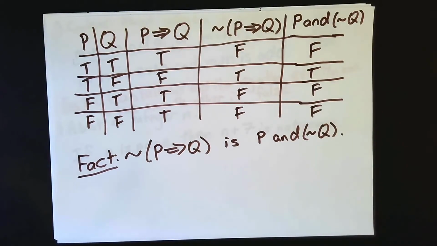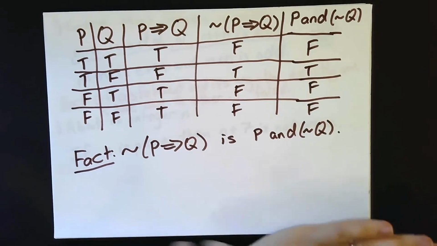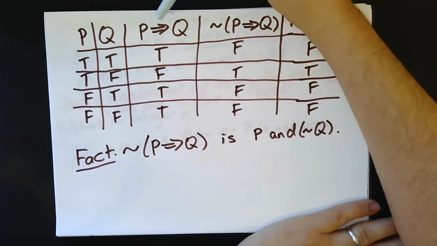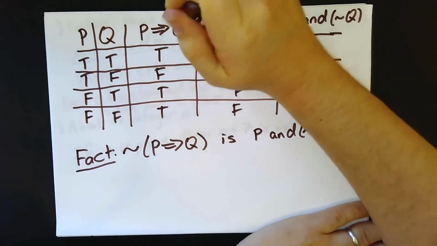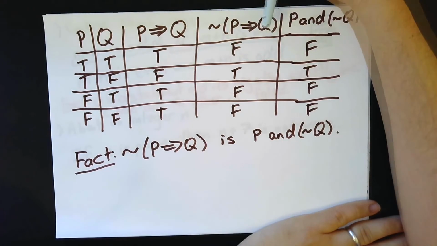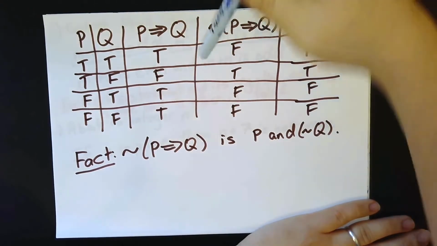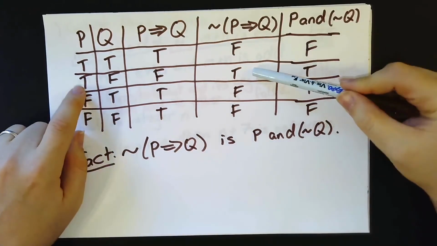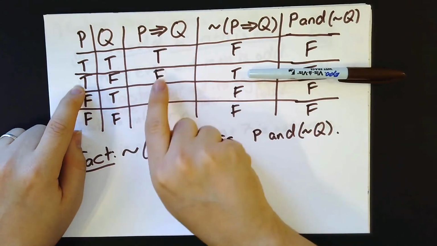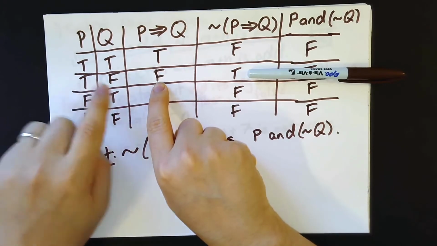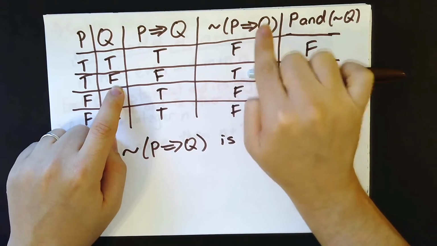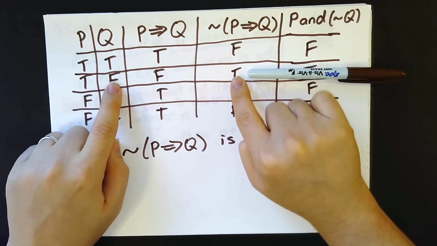But I want to point out, as much as this might not be intuitive at first, if you actually think about what it being false that P implies Q tells you, in other words, what does the negation of P implies Q tell you if it's true? It tells you you're in exactly this line. Because the only way for P implies Q to be false is for P to be true and Q to be false, the only way for the negation of P implies Q to be true is for P to be true and Q to be false.